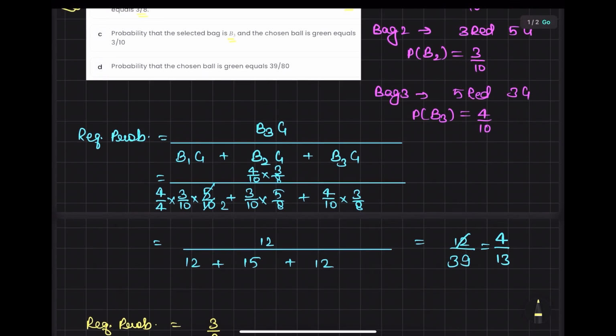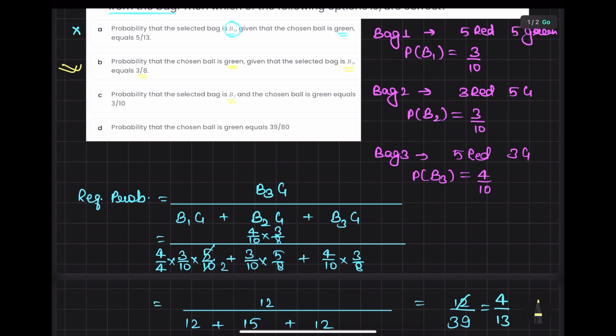Look at these two questions, they are very much similar. Over there it is given that the chosen ball is green, and you have to select a green ball from bag B3.